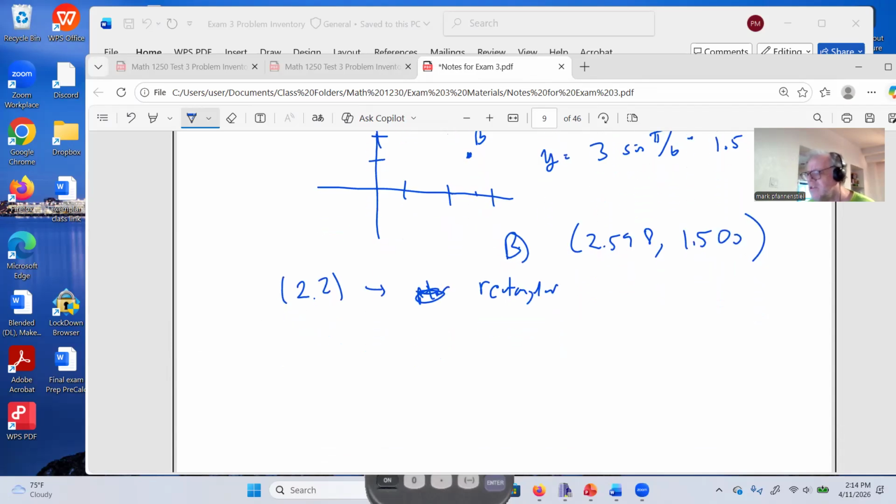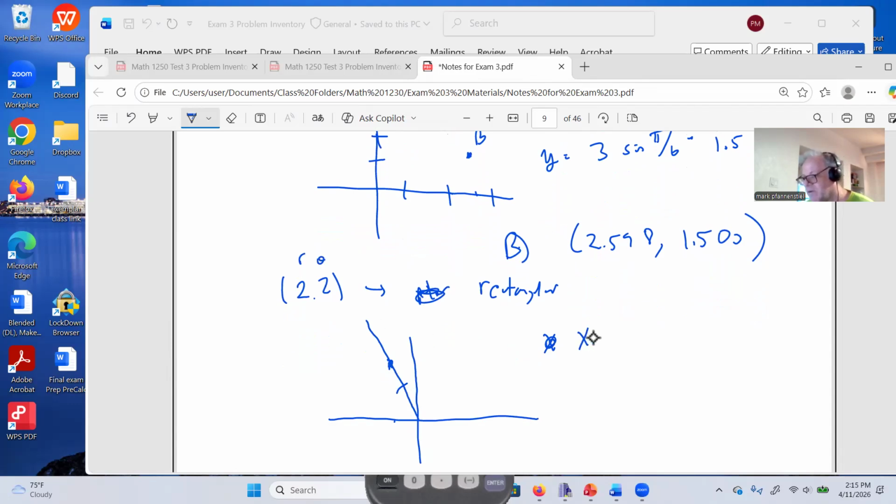It's polar. Where is 2? 2 radians. I know that 1.57 radians is pi over 2, so it's going to be a little bit beyond that, over here somewhere. So again, this is my r, this is my theta.